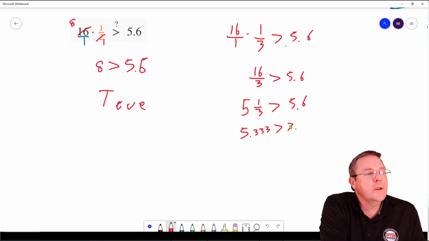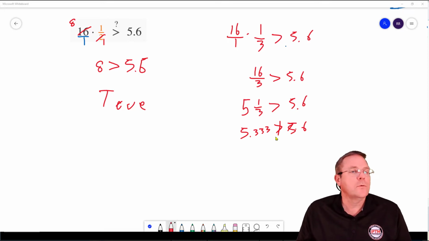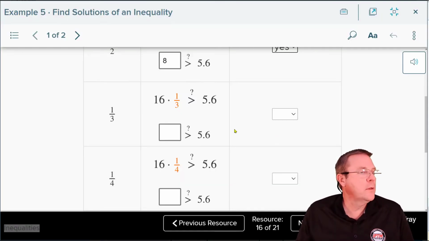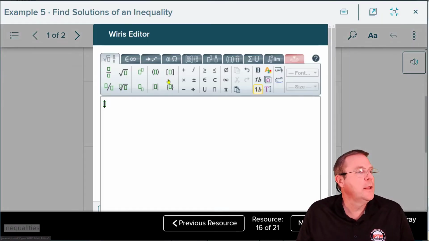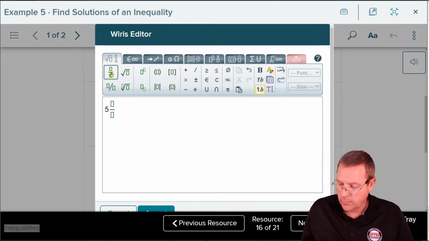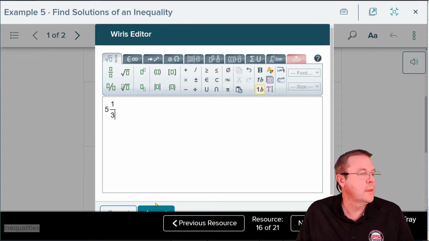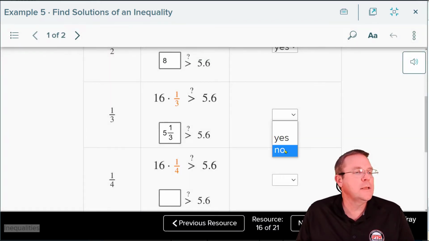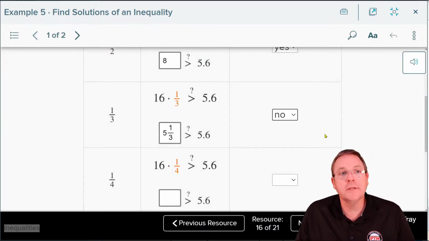Is that number going to be greater than 5.6? It is not. So we'll come back over here again. This one we're going to put in as 5 and the fraction 1 over 3, except we're going to say that no, it is not a true statement, and we're going to move on to the next problem.